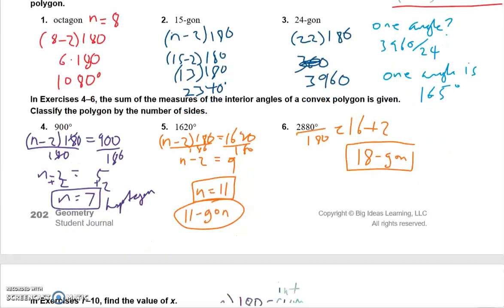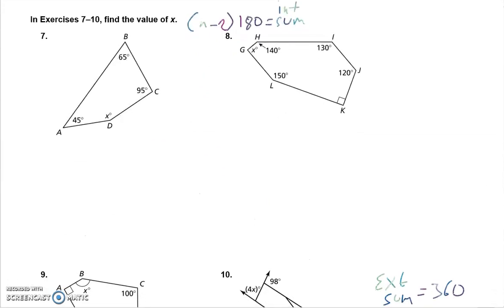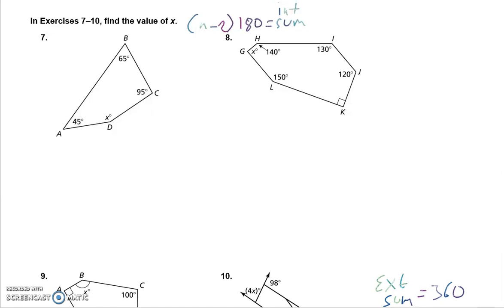Once you get to these problems that have pictures and variables, you kind of treat them the same way. To find the value of x, let's find the n first. So n equals 1, 2, 3, 4. N equals 4.